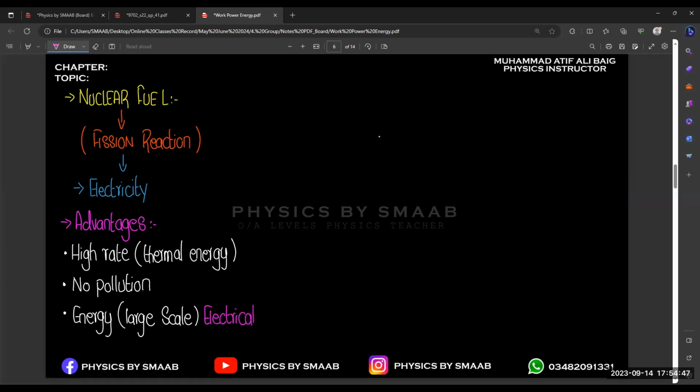So we can generate electricity on a very large scale with the help of nuclear fuel, right? And if you want to use nuclear fuel for a thermal reaction or any type of reaction in which you require a very high amount of heat, you can use nuclear fuel also, right? So basically it will provide you two different sources of energy, right?